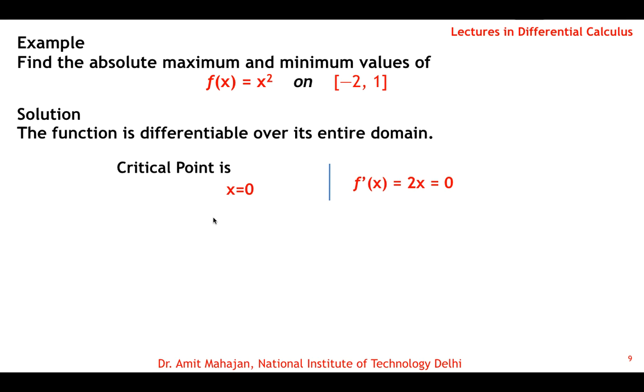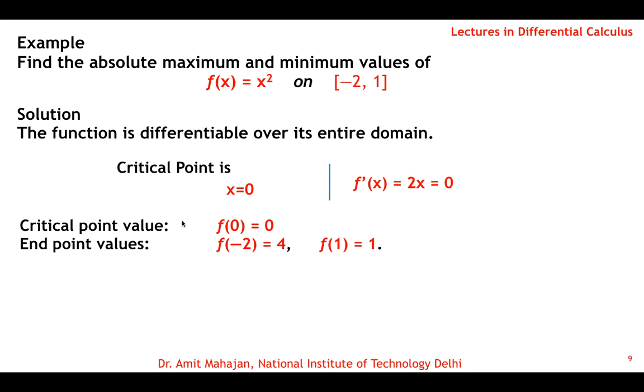What we have to do now is evaluate the function value at x equal to 0, that is at the critical point, and then evaluate the function value at the endpoints -2 and 1, and then compare all these three values. At the critical point f of 0 is 0, at the endpoint f of -2 is -2 square, which is 4, and at the endpoint 1 the function value is 1 square, which is 1.